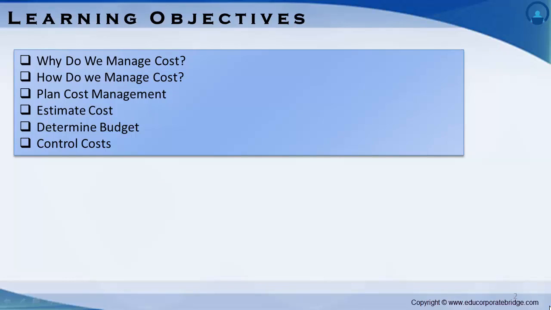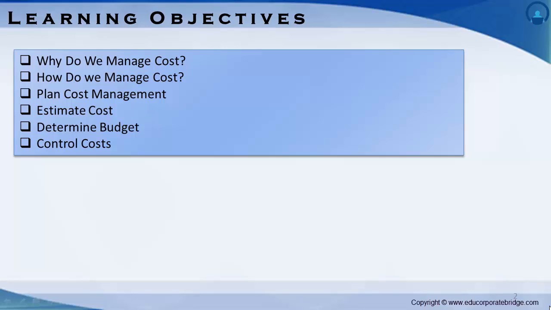Coming to the learning objectives, in this session we will learn why we do cost management in a project and why it is important for a project. Understanding the significance of cost, we will learn how cost can be managed.